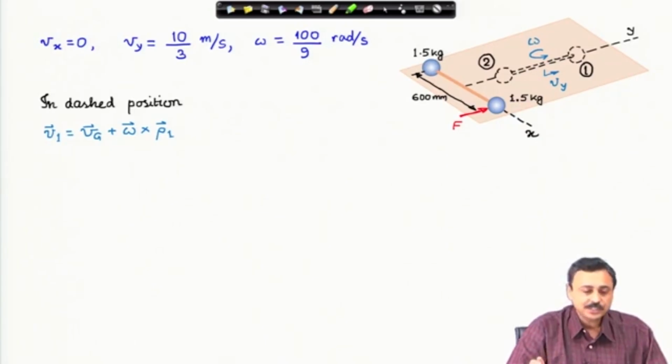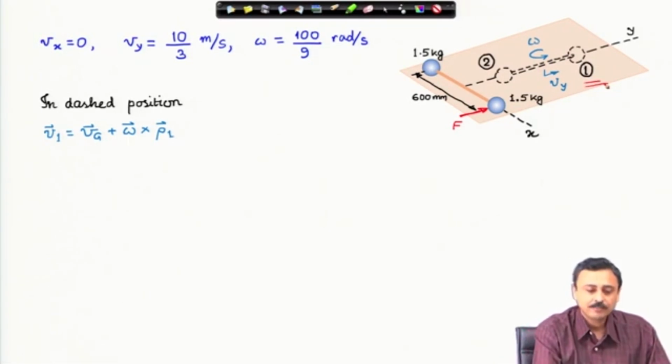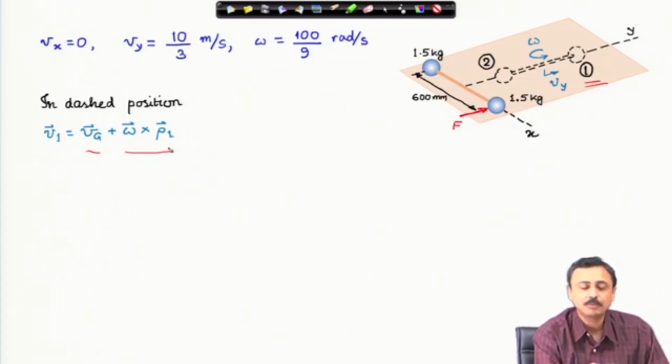Now, in the dashed position, if I consider this particle to be particle 1, then the velocity of particle 1 is the velocity of center of mass plus the relative velocity about the center of mass, which is omega cross rho 1.